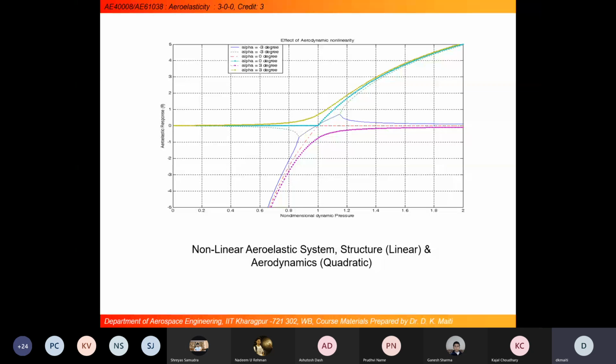I have shown it here for a linear aeroelastic system, considering linear aerodynamics and a linear spring model.